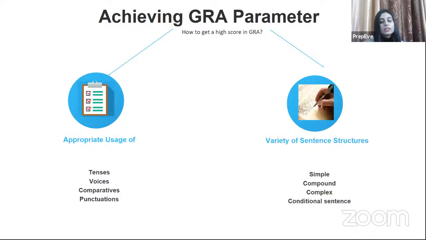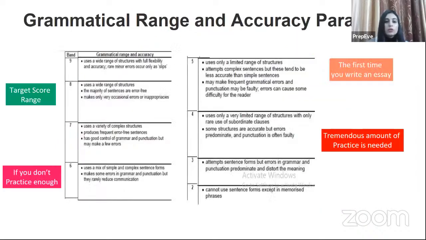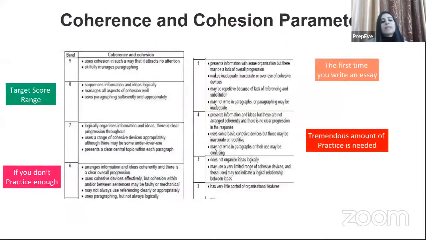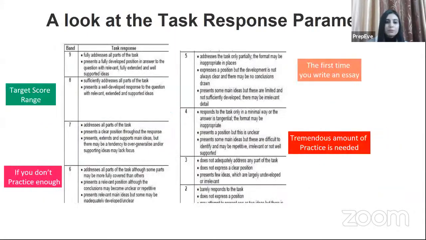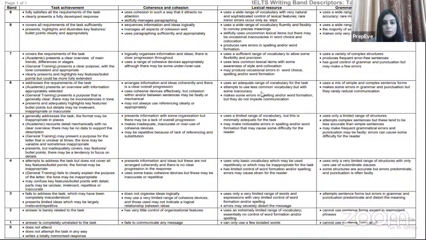Complex sentences are sentences where one part of the sentence is dependent upon the other part, and without which one part of the sentence will hold no meaning. Although is one such example. I just saw one although sentence here.